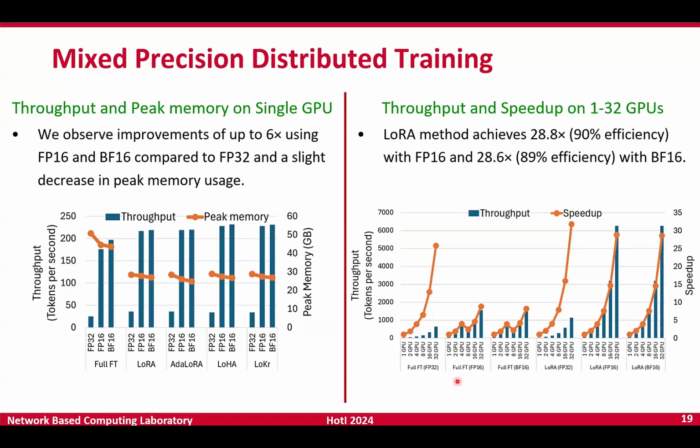And at the right, we can also see that full fine-tuning with FP16 and BF16 has poor scalability due to the communication overhead across nodes.